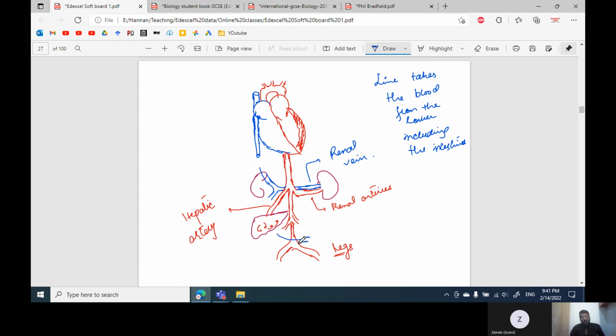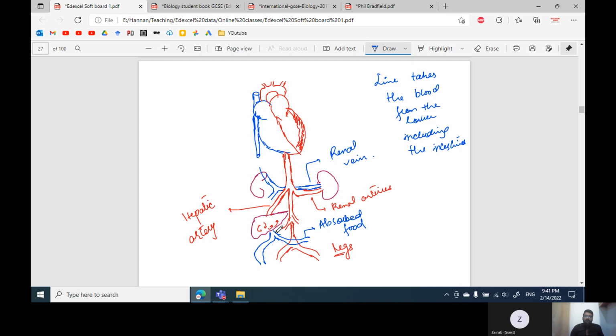It would first enter into the liver, and some other veins would be coming from the lower body, and these veins would first enter into the liver, because these veins would have the absorbed food that we have eaten, and all the broken down parts of the food are now present inside this vein.